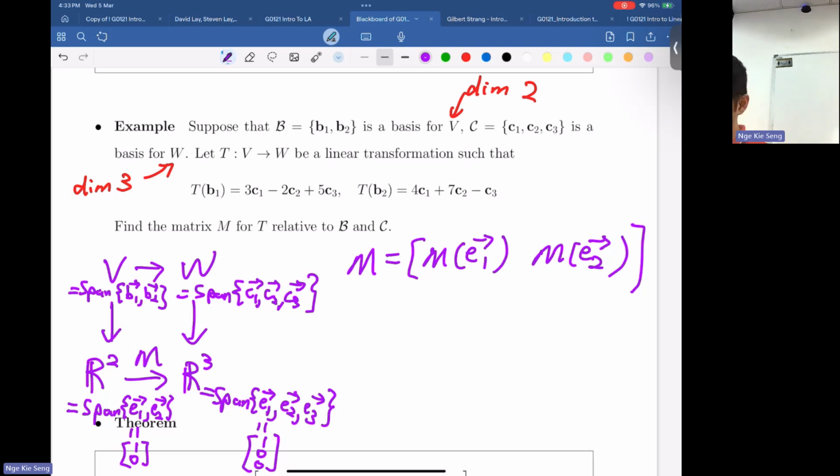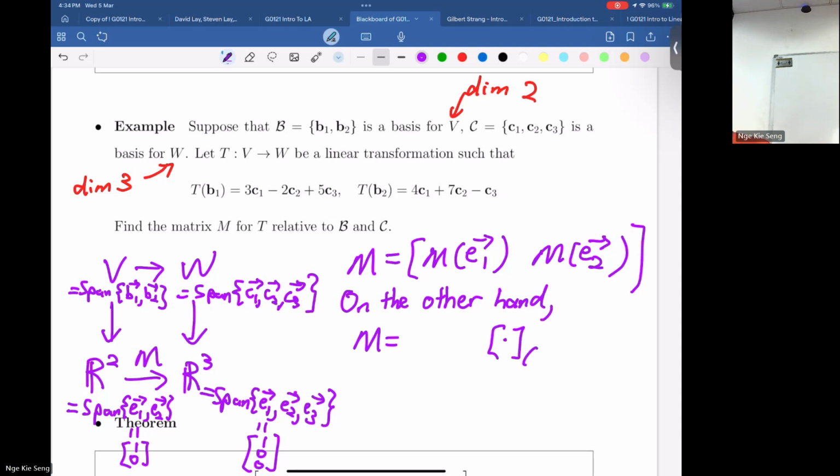But remember how we defined this M? We should write down what M is. On the other hand, M is equal to this, and can we give it a name? Yes. This one inverse times T and this.